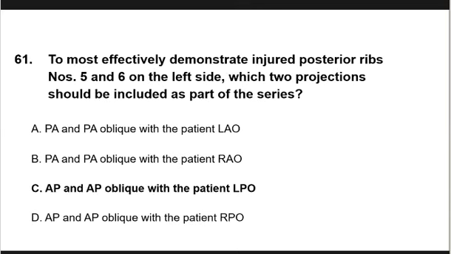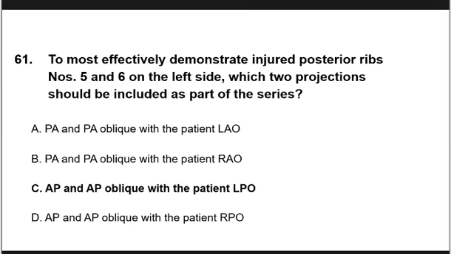Okay, so sa number 61, tama, 61, sorry. To most effectively demonstrate injured posterior ribs numbers 5 and 6 on the left side, which two projections should be included as part of the series.